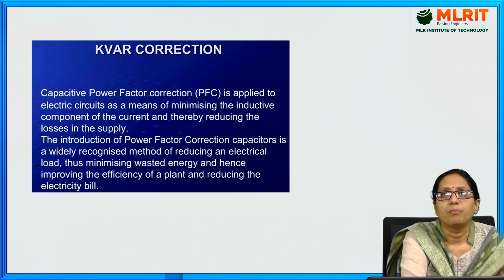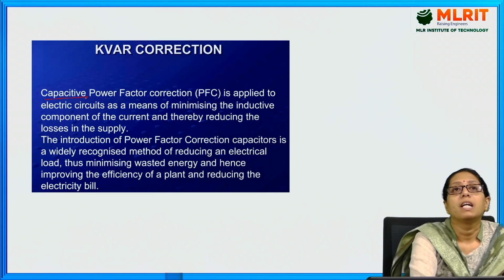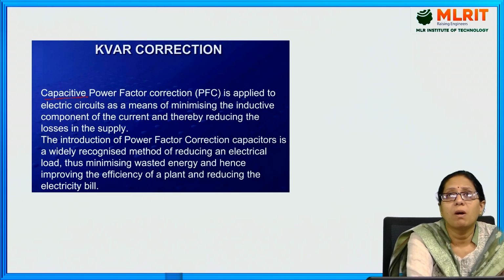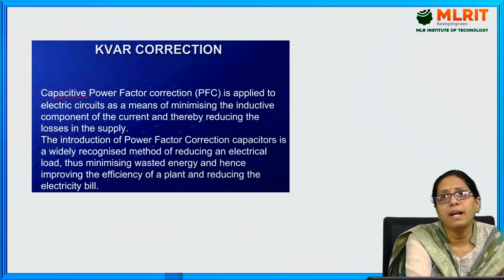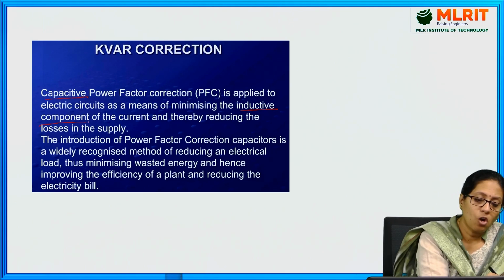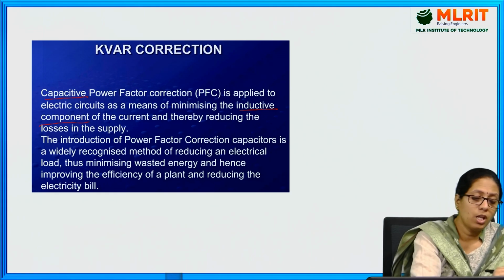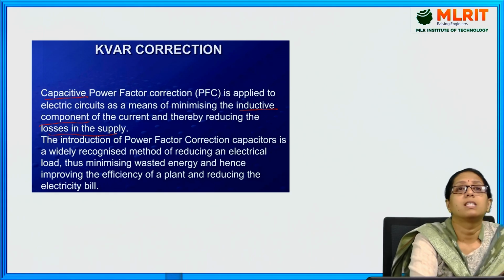KVAR correction. Capacitive power factor correction is applied in electrical circuits as a means of minimizing the inductive component of the current and thereby reducing the total losses in the supply.